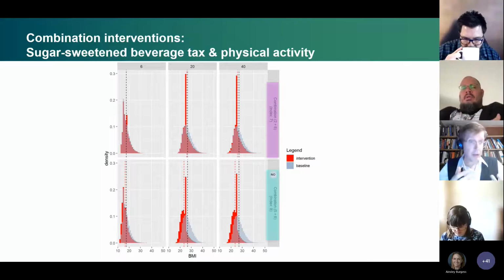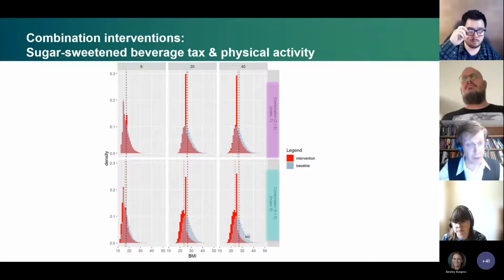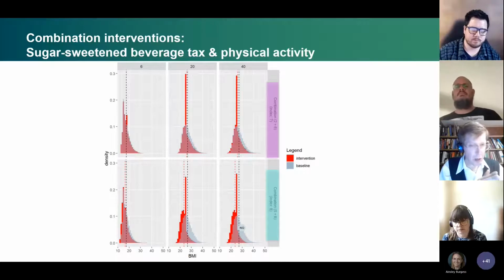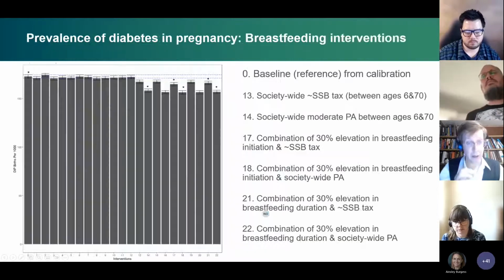We also found that sugar-sweetened beverage taxes and physical activity combined can really materially shift BMI outcomes, although that wasn't our primary focus here. The combination of the two can be quite powerful in shifting those outcomes.